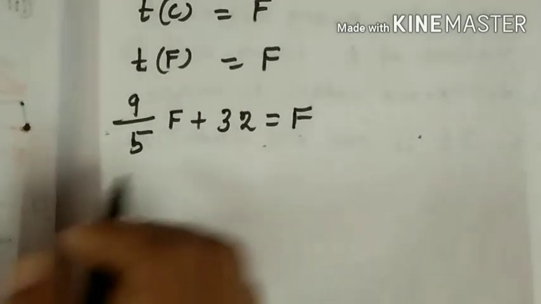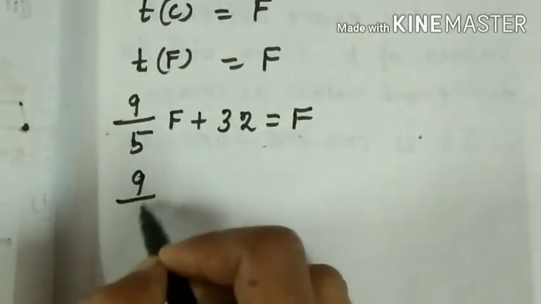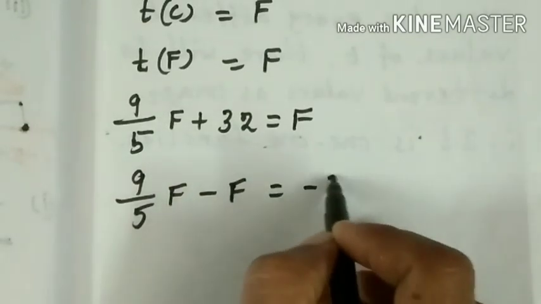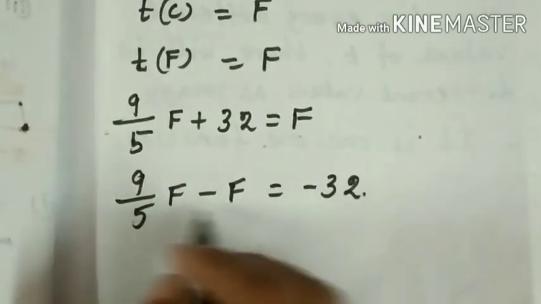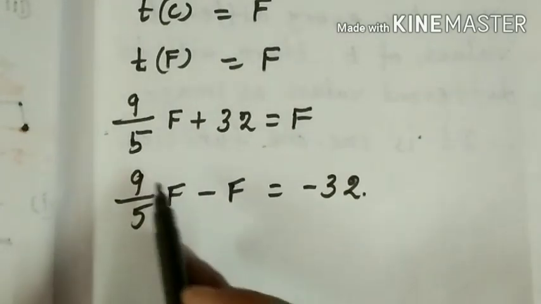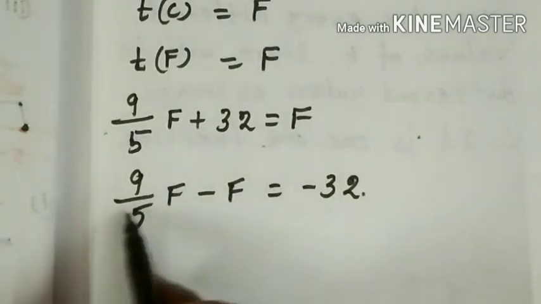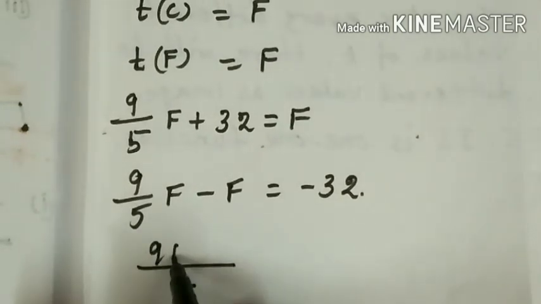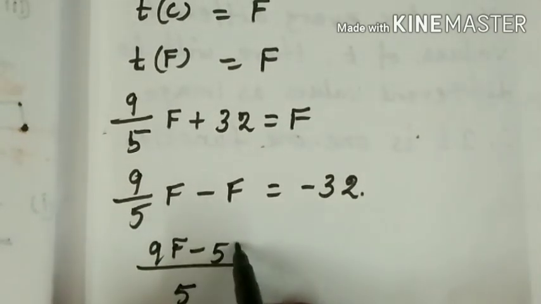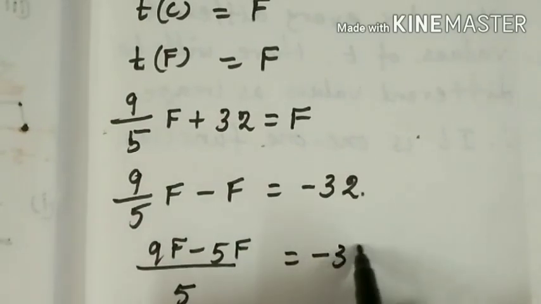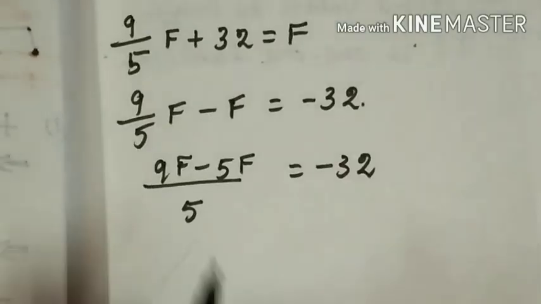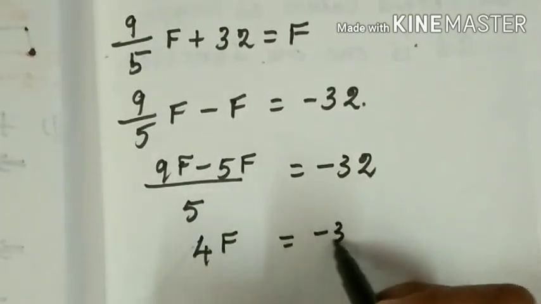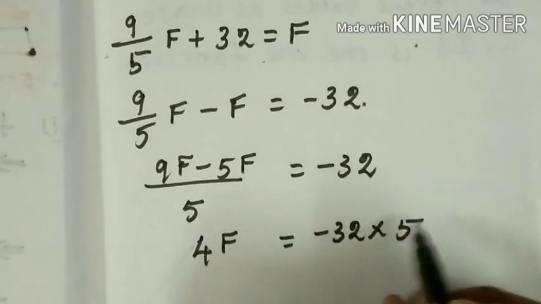Now you simplify this, means we get 9 by 5 F minus F equal to minus 32. Take LCM for this, because 9 by 5 F minus F is like term. So you take LCM, means we get 5. 9F minus 5F equal to minus 32. 9 minus 5 is 4F equal to minus 32 into 5.